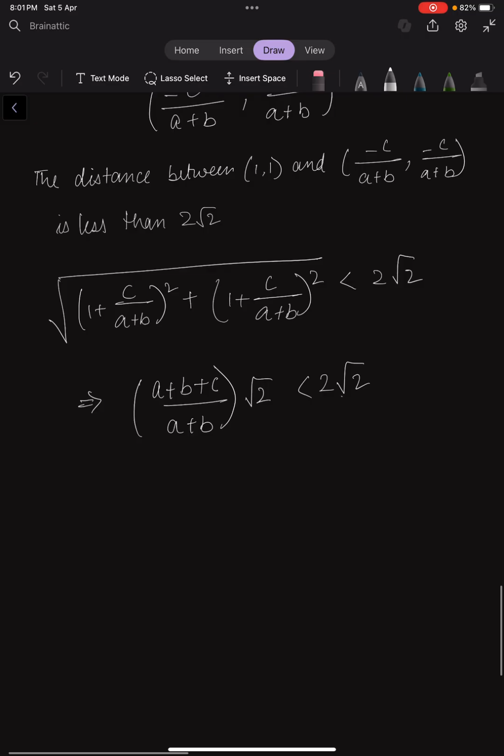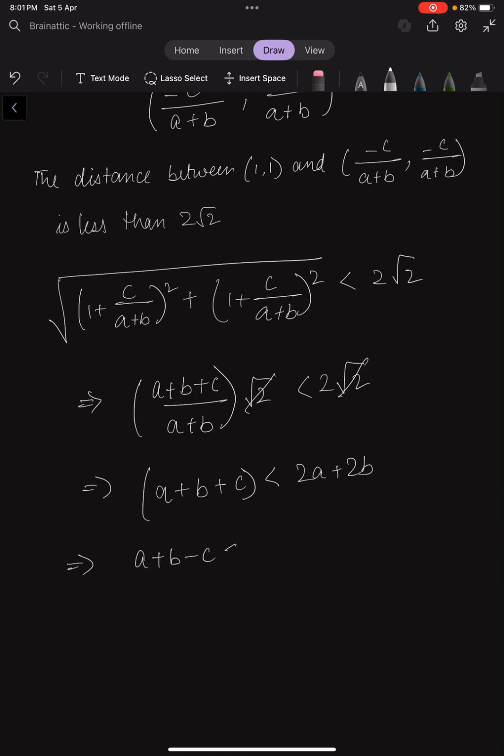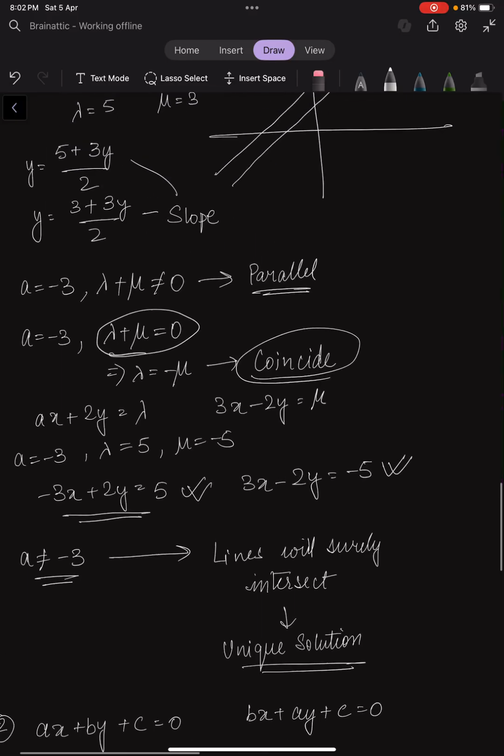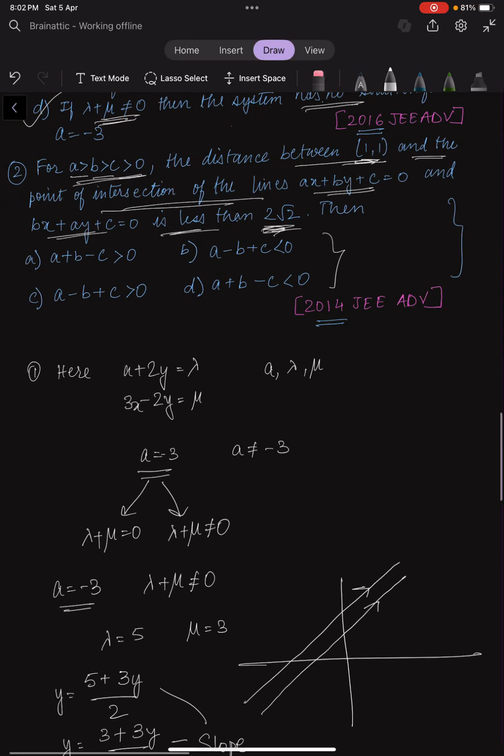Now this turns out to be a plus b plus c less than 2a plus 2b, and this finally implies that a plus b minus c is greater than 0. Okay, my mistake, let me write this: a plus b minus c is greater than 0. So this is my inequality. If we check which option is correct in the question, we find that option A is correct.